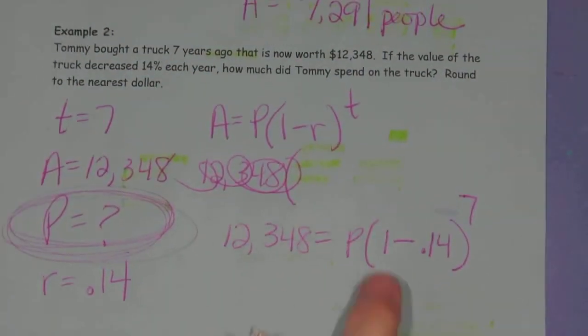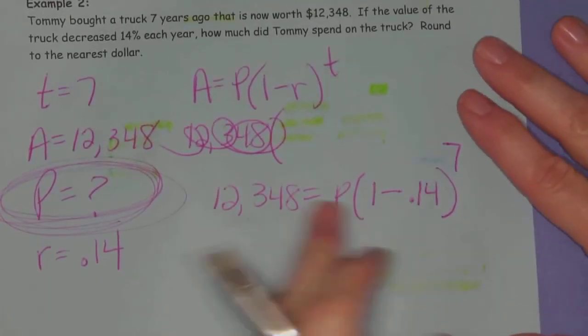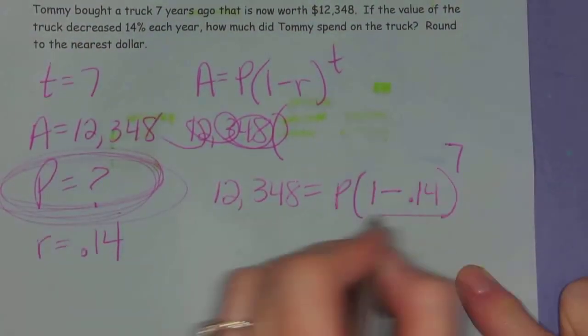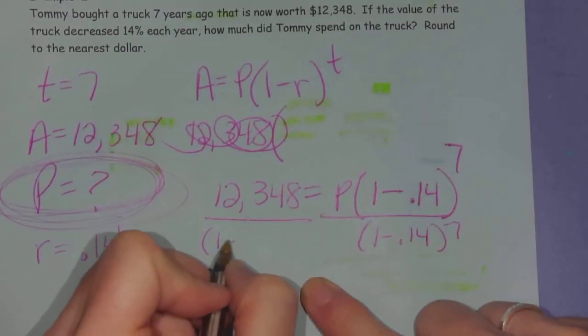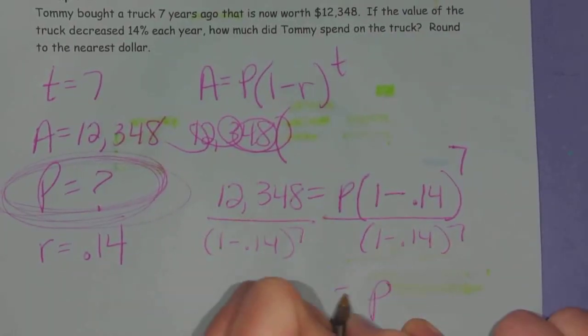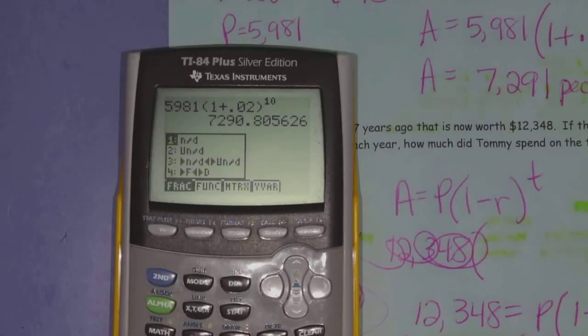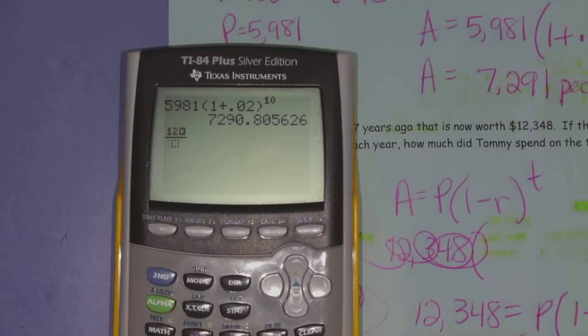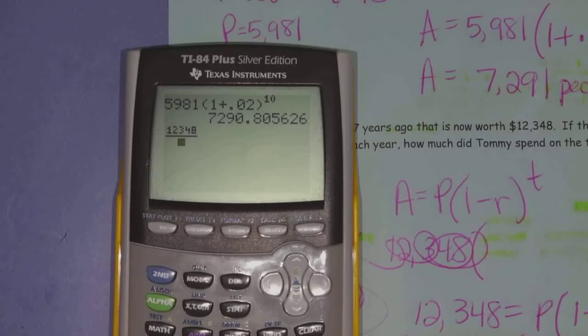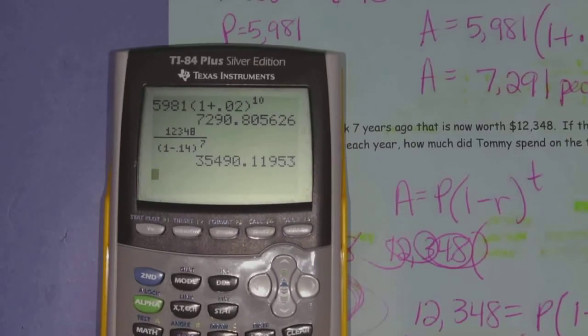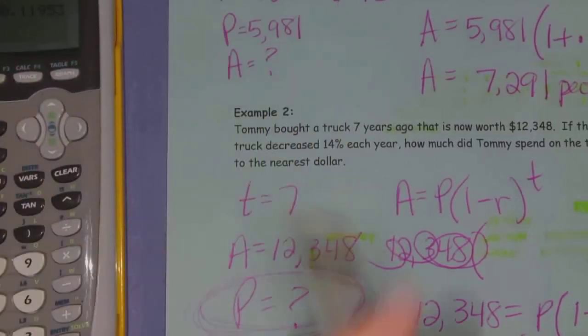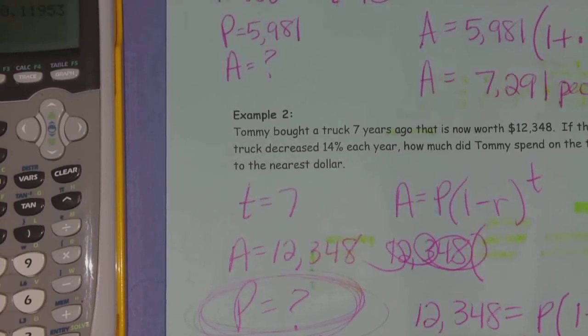To solve for P, all I have to do is divide both sides by 1 minus 0.14 to the 7th, and I will have solved for P. So P equals 12,348 over the quantity 1 minus my rate raised to the 7th, enter. It looks like the truck was originally worth $35,490.